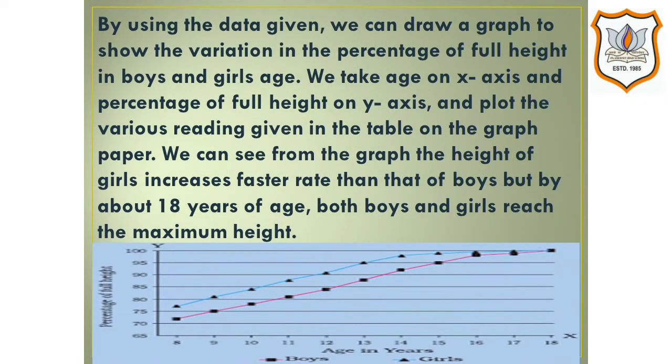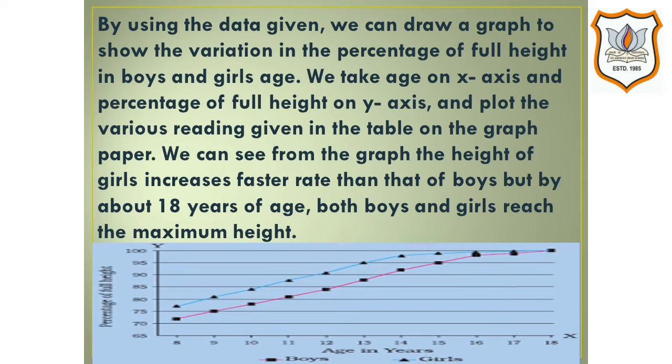By using the data given in the above table, we can draw a graph to show the variation in the percentage of full height in boys and girls with age. We take age on the x-axis and percentage of full height on the y-axis and plot the various readings given in the above table on the graph paper.